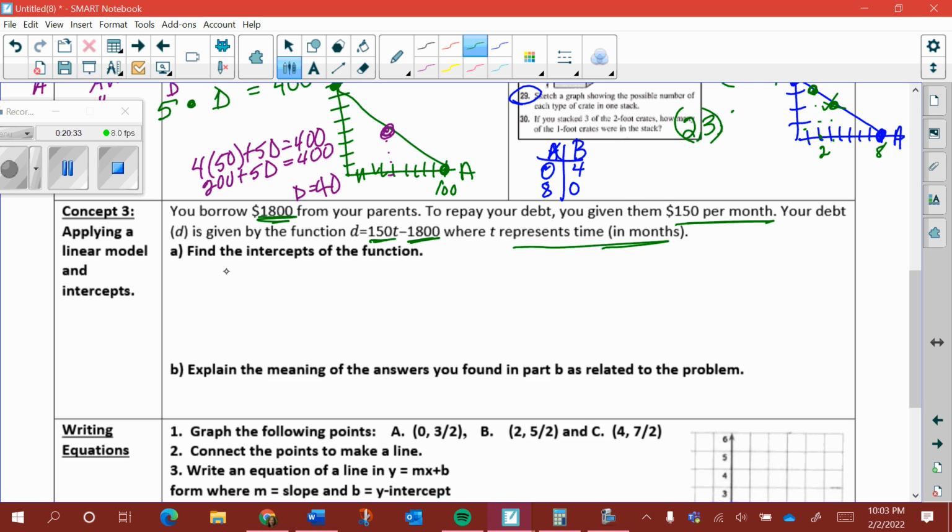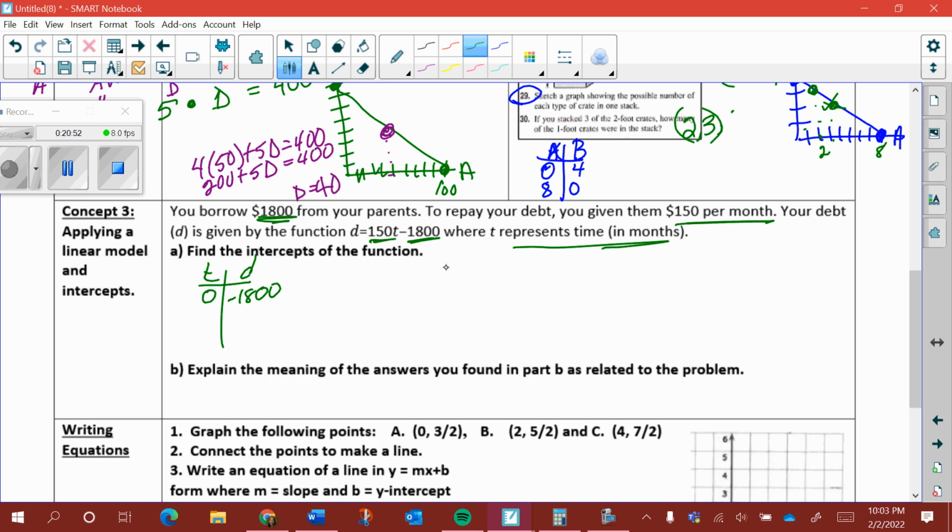So really I want to go like this, and I want to say that T and D. D is my y-intercept, or my output. If I plug in a 0 for T, that would be 150 times T, which is 0, which would give me negative 1800.